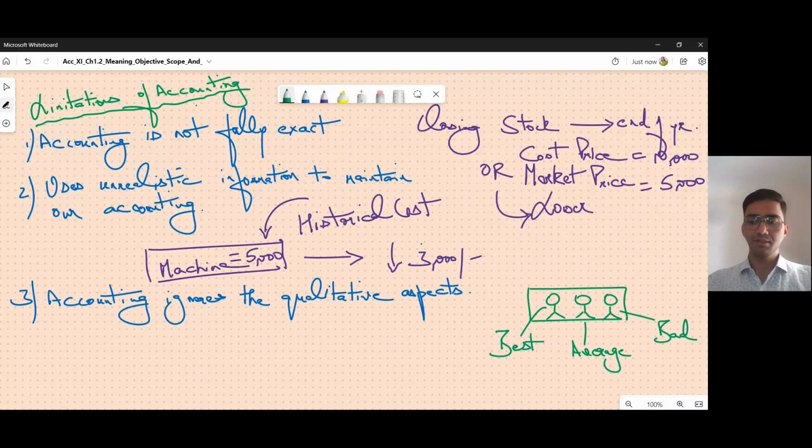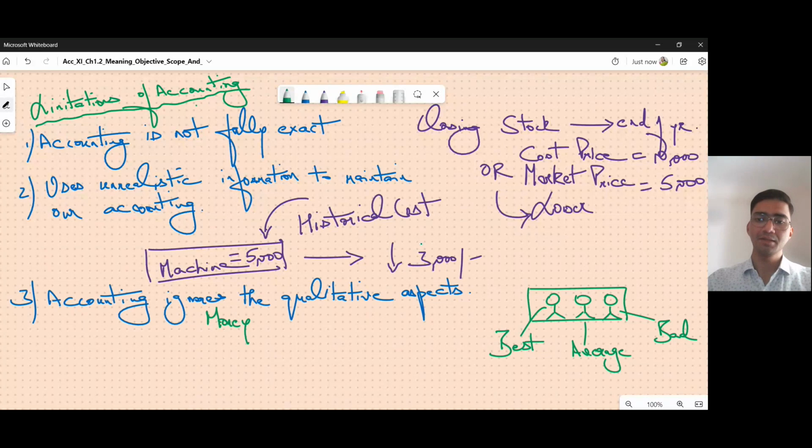Now, what is happening here is that because of these 3 people working in my organization, I'm going to earn profits at the end of the year. Because of the person who's working best, my business is doing well. Because of this average person, my business is running in an average way. And because of this bad person, my business is also not doing well in some way. But when I'm talking about accounting, accounting is talking about items which are in terms of money. So we are neglecting the qualitative aspect of these employees.